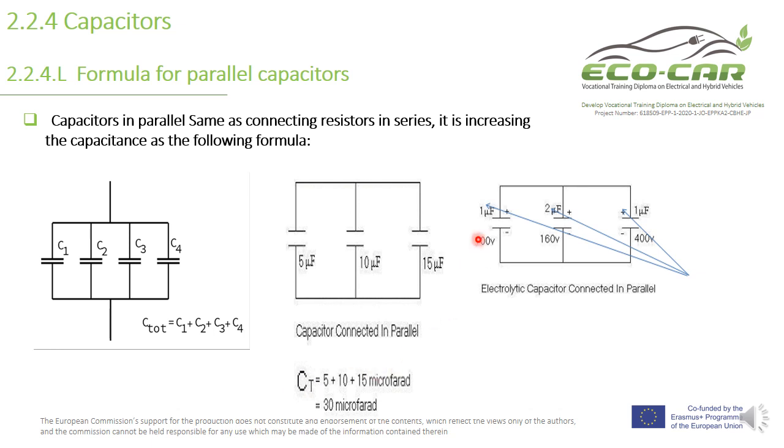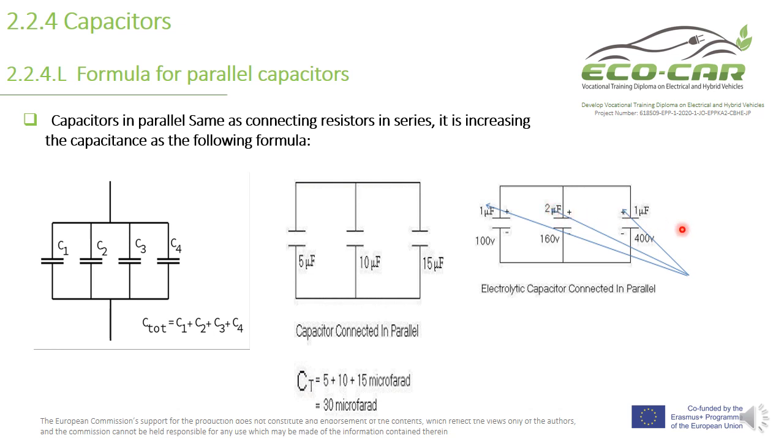Let's take another example. We have three capacitors with different working voltages. So what is the C total here? C total is 1 microfarad plus 2 plus 1. So it is 1, 2, 3, 4 microfarad.